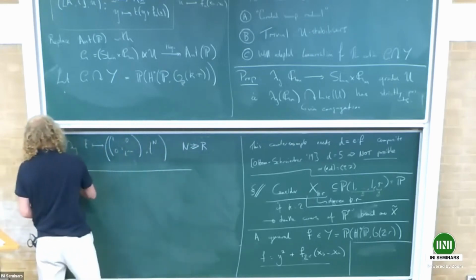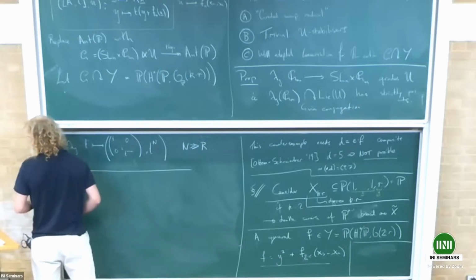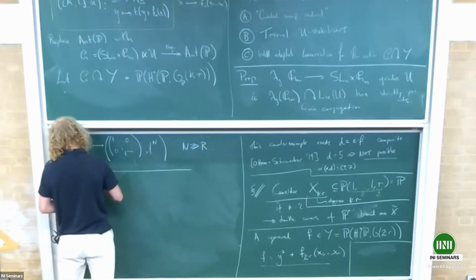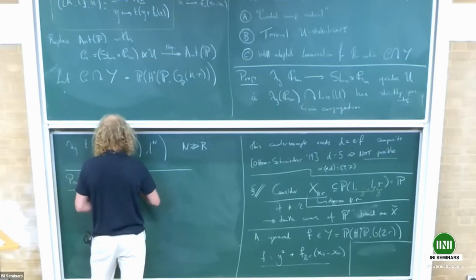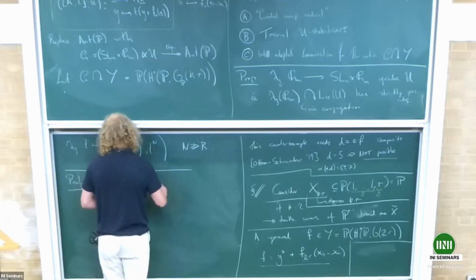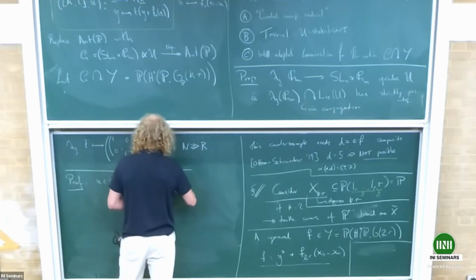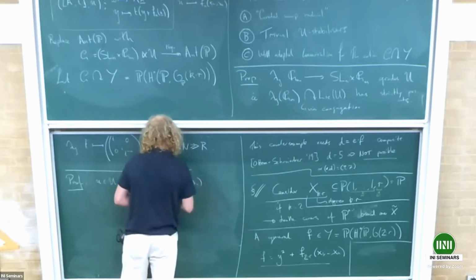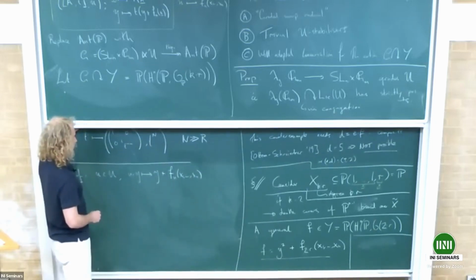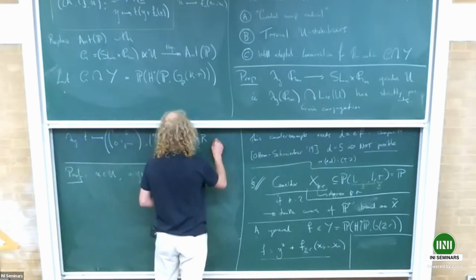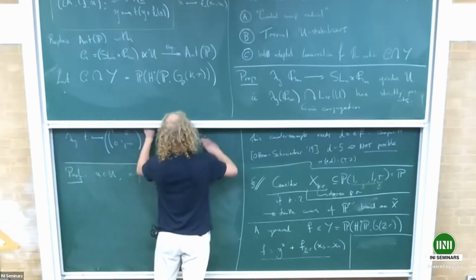So the claim is that if you take that U in the unipotent radical and act like this, it sends Y to Y plus f_U, some polynomial here. Capital R is some positive number. This is little r.